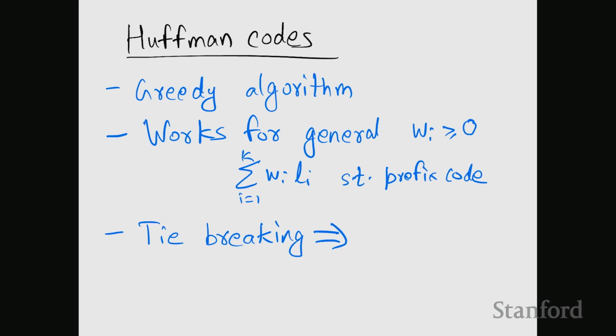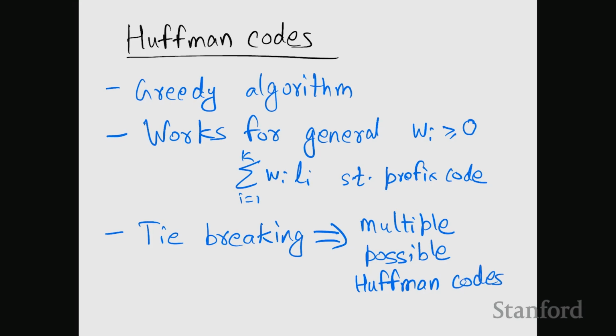So when you do the homework problem 5, be very careful. Last year, lots of students had a lot of issues. So just be careful that the tie breaking step in particular means that you have multiple possible Huffman codes, right? All of them will have the same expected code length. All of them are optimal, but they are different.